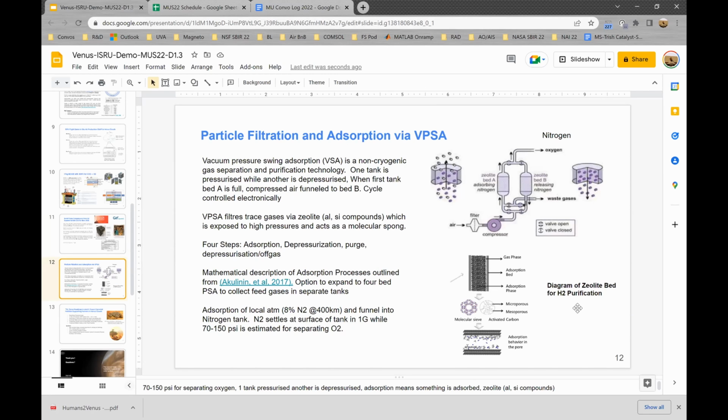vacuum pressure swing adsorption systems to separate the gases and purify the gases with these zeolite beds.